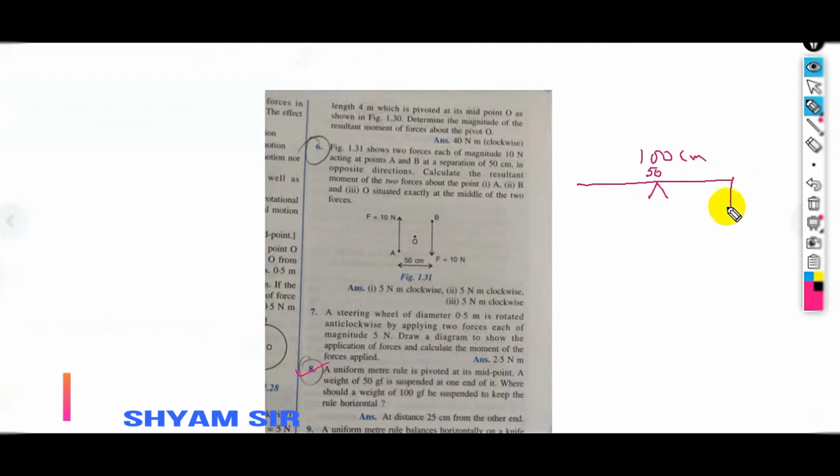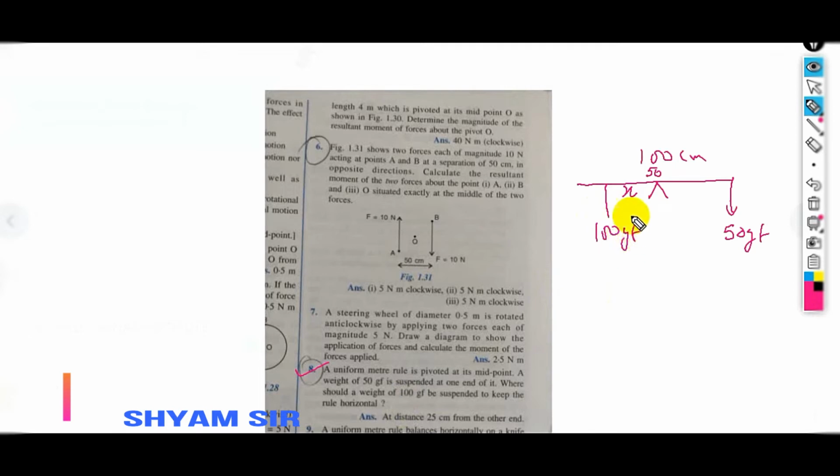So this force is 50 gram force, and where should a weight of 100 gram be placed to keep it balanced? Obviously the force would be clockwise, so we need to suspend the weight at some distance x from 50, so that the clockwise moment is equal to the anti-clockwise moment, and the weight is given as 100 gram force.